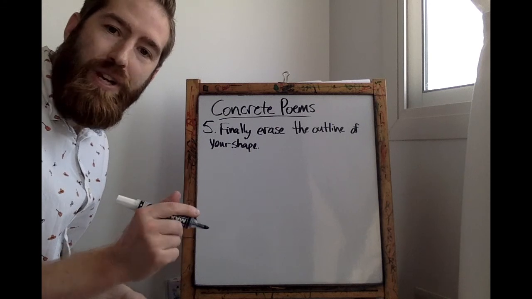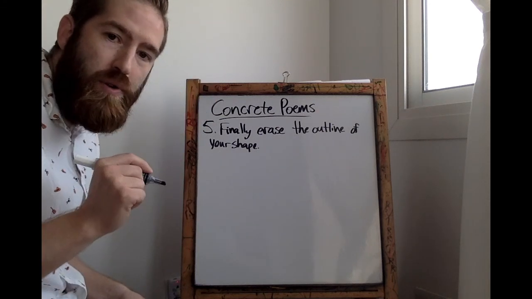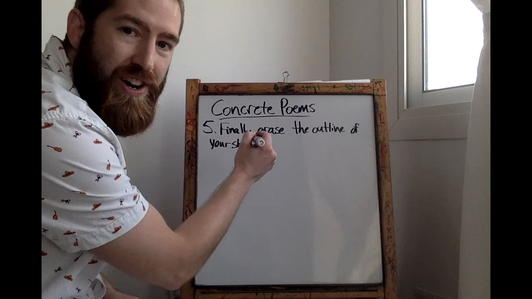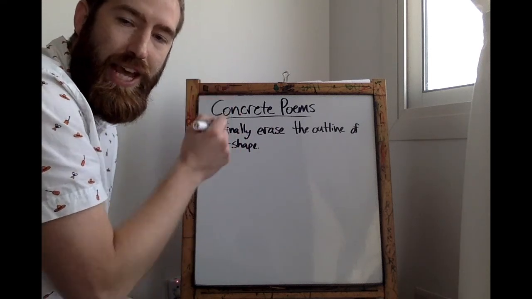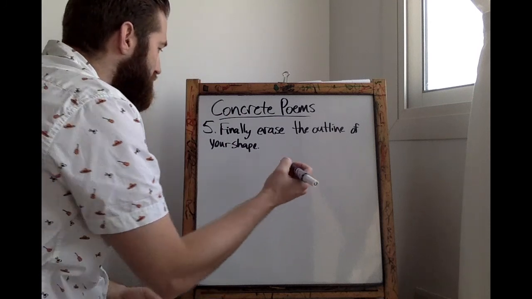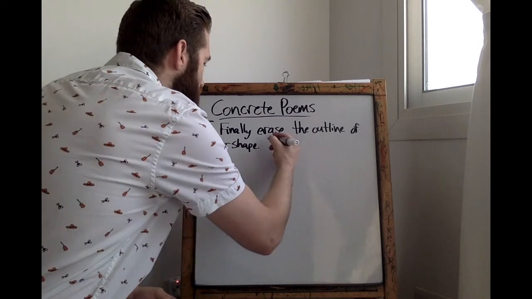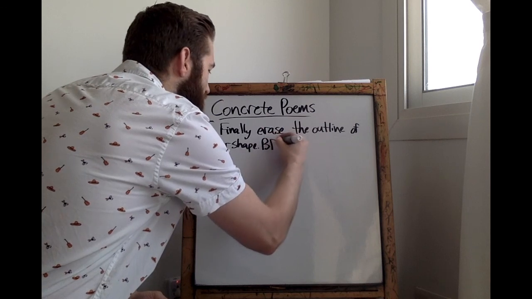And this is why we didn't use a heavy hand when we were drawing. When we were drawing, we were very light. This is why, because we are going to erase the outline. Okay? This is going to be big letters.